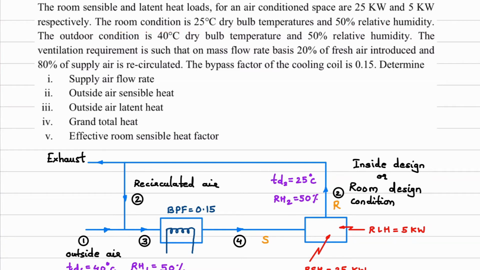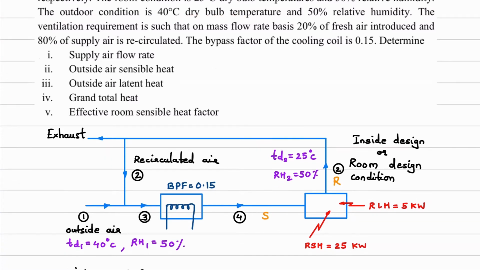So here I have shown room design condition or inside condition TD2 25 degrees Celsius and relative humidity RH2 50%. Then next, outdoor condition is 40 degrees Celsius dry bulb temperature. So TD1 is 40 degrees Celsius dry bulb temperature and RH1 is 50%.